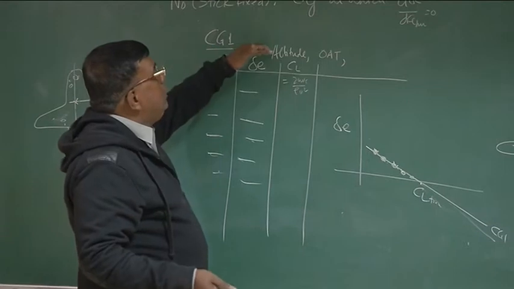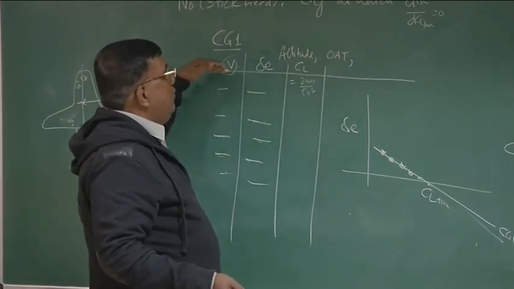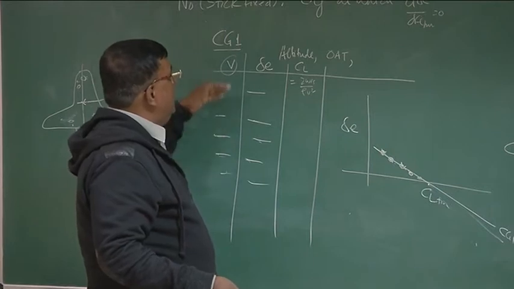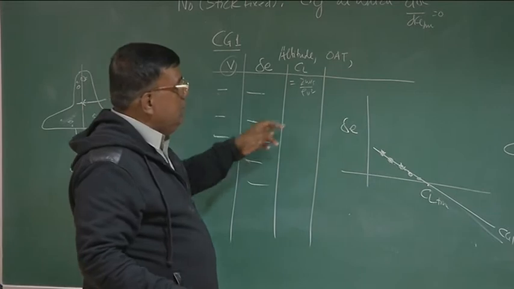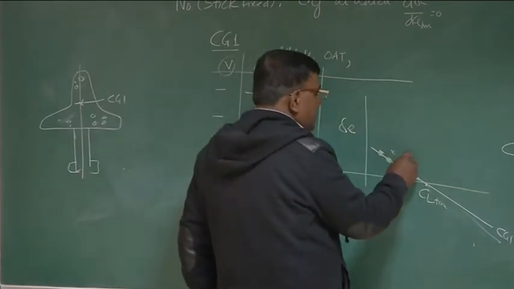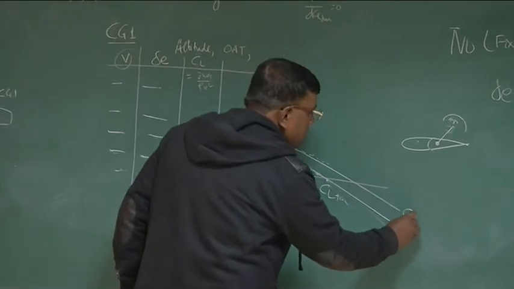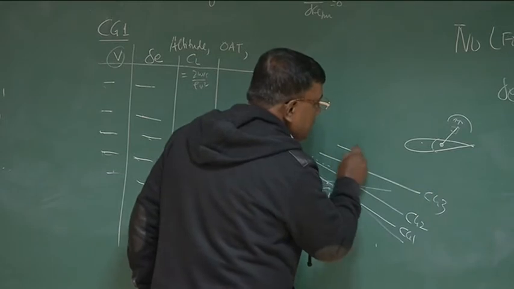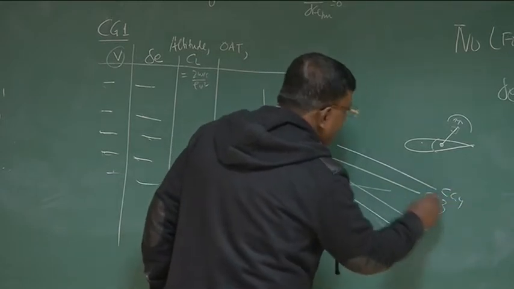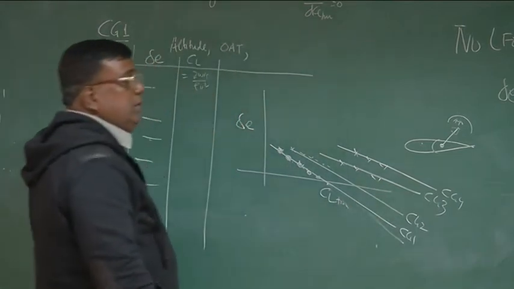And again you go to altitude, measure the altitude, take the outside air temperature, and while you are cruising at different V, you measure the delta E, elevator deflection, calculate CL, and again you plot this. Like that, this is CG2, you will get CG3, you will get CG4. You can go on doing this experiment with different people, different CG locations.